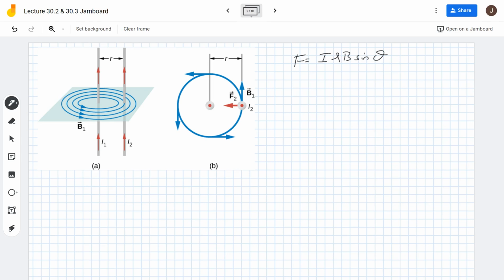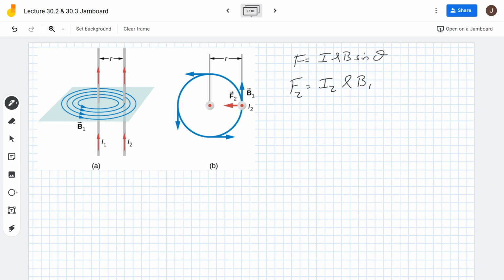So let's apply this to our situation here for the force that's on wire 2. The force on wire 2 is going to equal the current of wire 2, as in the equation, times the length of wire 2 multiplied by that external magnetic field that it's experiencing. That external magnetic field is coming from I1, from that current. So for now, we'll just put in the magnetic field from 1.